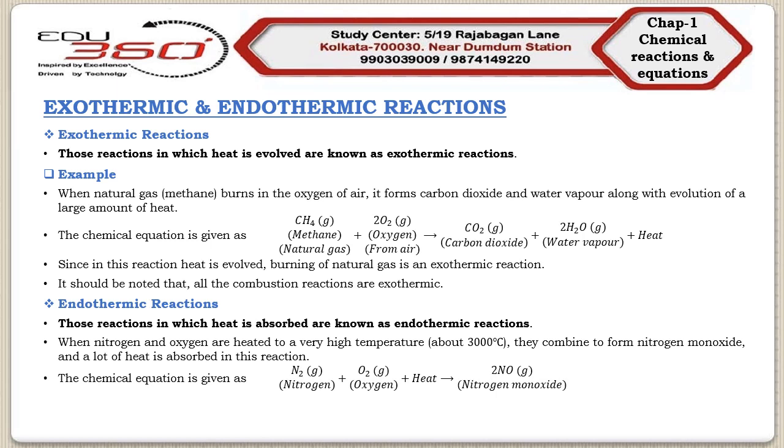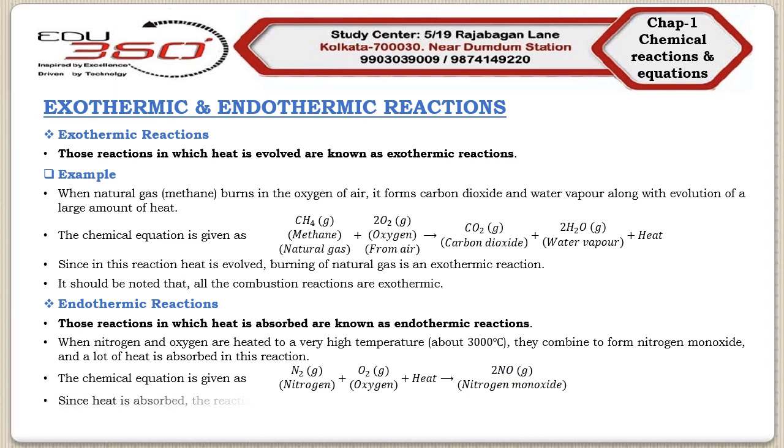N2 is nitrogen, which is a gas, oxygen O2 is also a gas, plus heat, that is we are heating nitrogen and oxygen at a very high temperature. The product is nitrogen monoxide, which is again a gas represented by 2NO within bracket g.